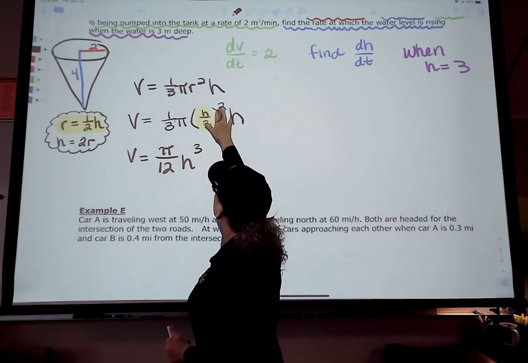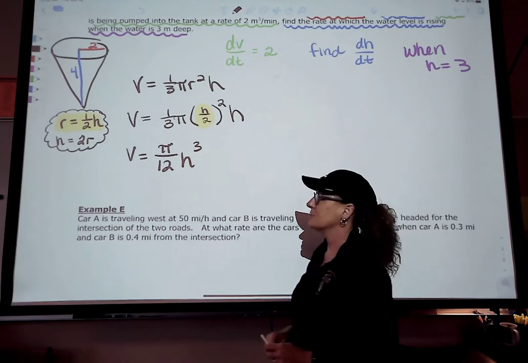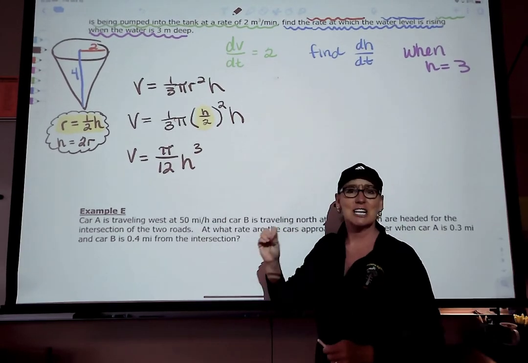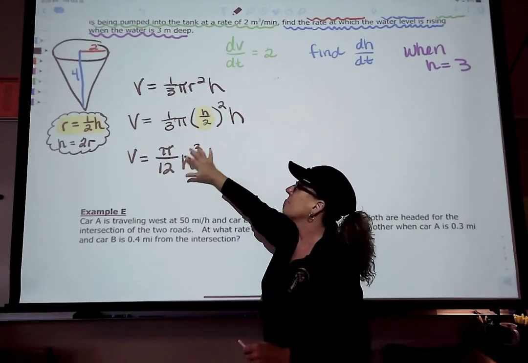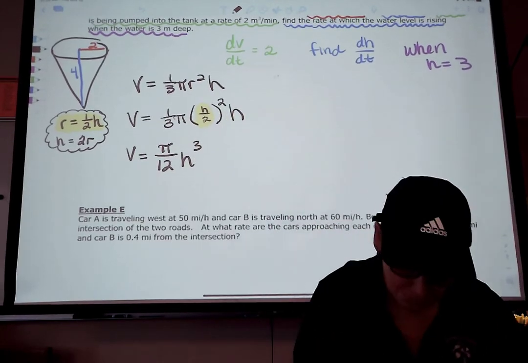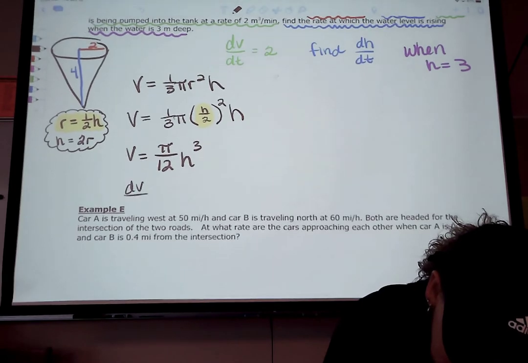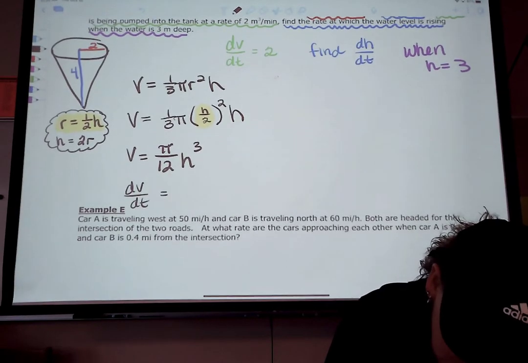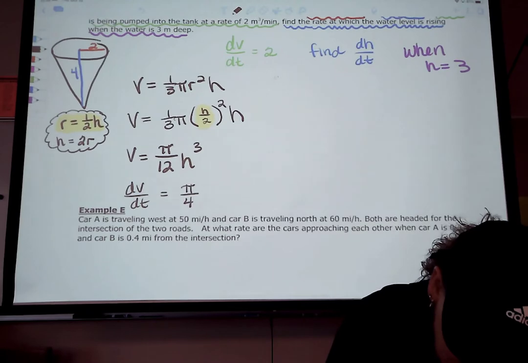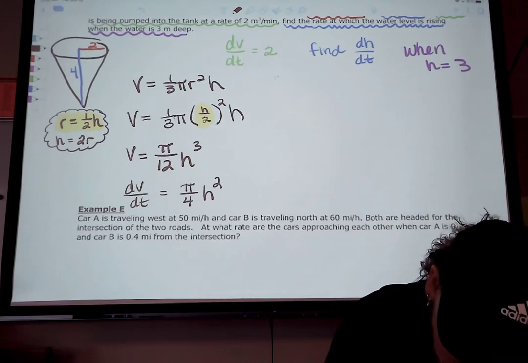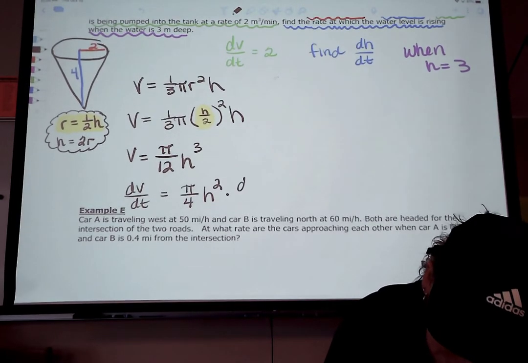And then my H squared times H ends up being H cubed. Look how much easier of a derivative this is going to be. Let's do it. So I've got dV/dt equals pi over 4 H squared, chain rule it.